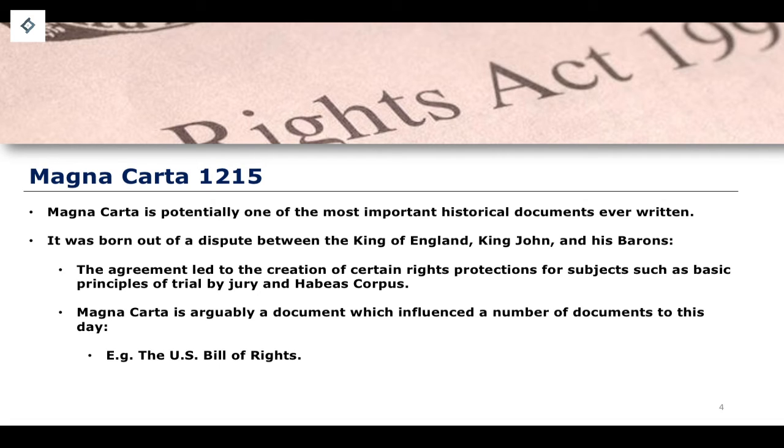It more regulated the relationship between King John and his barons being, of course, very high members of noble classes. So the idea that this was a human rights document in the kind of modern strict sense is a little bit misleading. It's not a human rights document like the US Bill of Rights was.